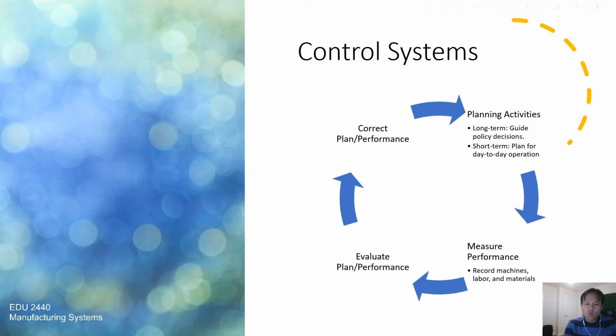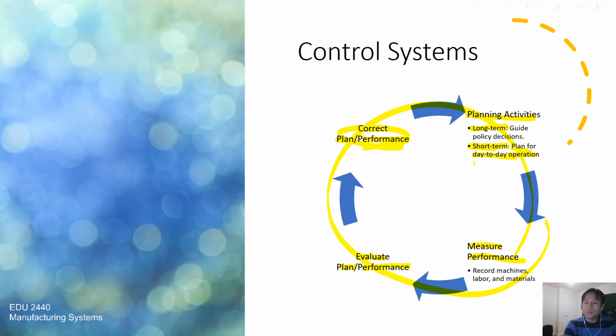It consists of 4 phases: planning, measuring performance outcomes, evaluating plan or performance, and then correcting plan or performance. This is action. So this is a cycle. Planning is long term and short term. Long term goals will guide the company's policy, and short term is the plan for day-to-day operation.